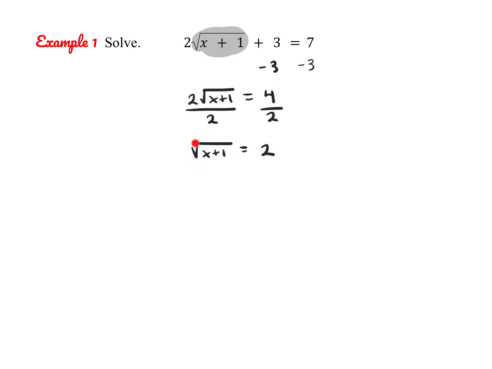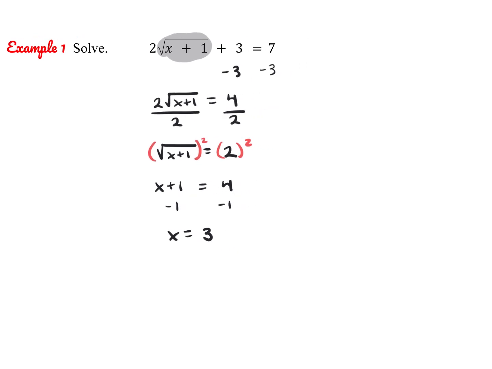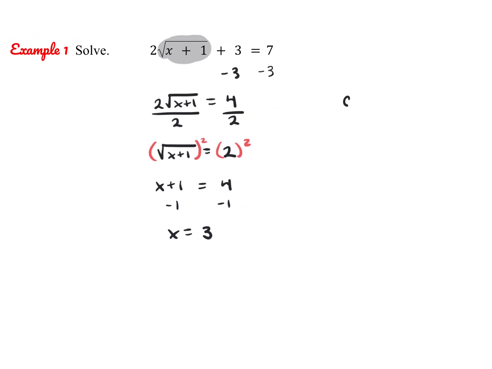Now that it's isolated, the way that I can undo the square root is by squaring both sides. That leaves me with x plus 1 equals 4. Now all I need to do is finish solving, so I'm going to subtract 1 from both sides, and I get x equals 3.